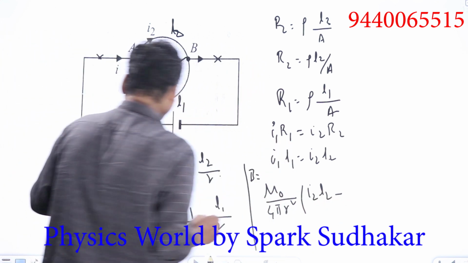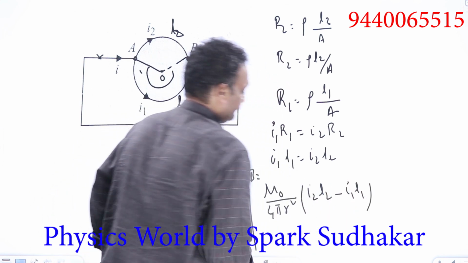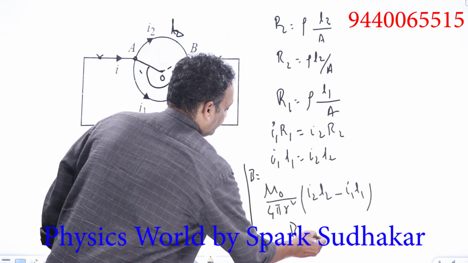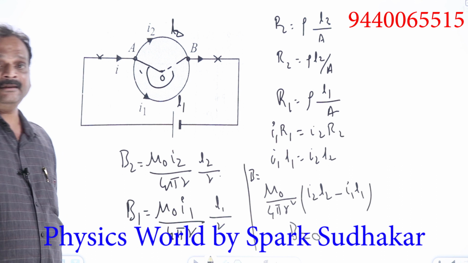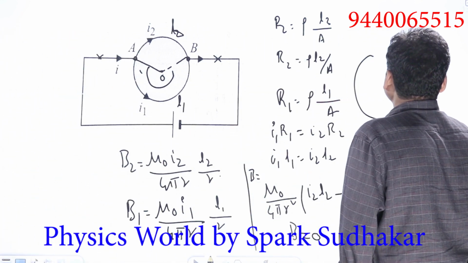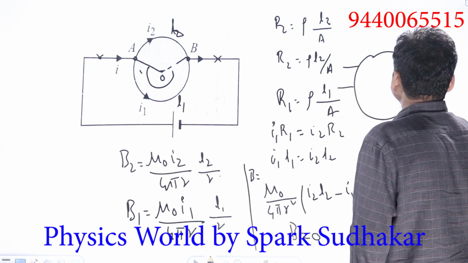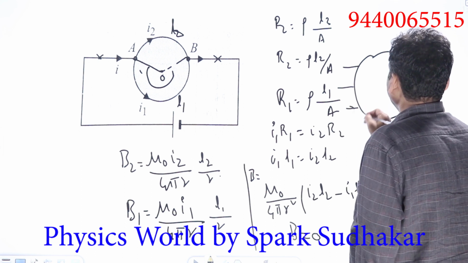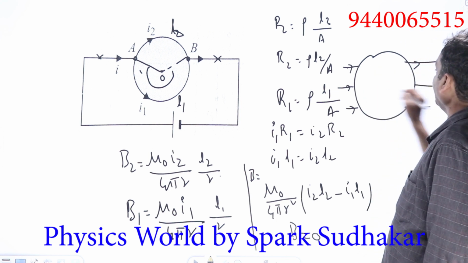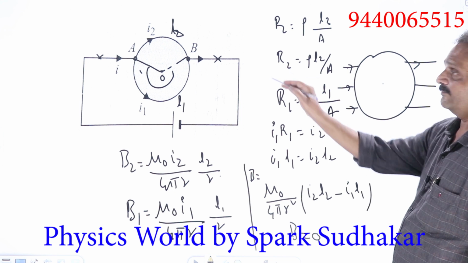Resultant B equals B2 minus B1, which is I2 L2 minus I1 L1, and since I2 L2 equals I1 L1, the resultant B equals 0. So let the wire loop be cut into two parts, the splitting may be here, exactly along the diameter, or along any chord, and the resultant field at the center O will be 0.